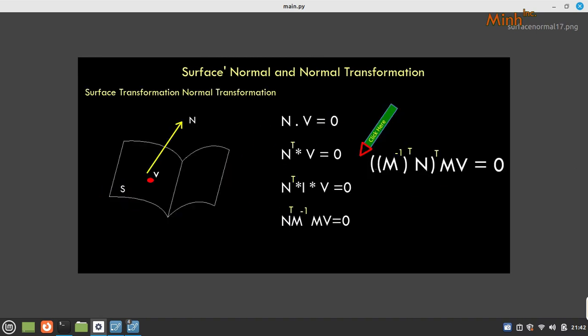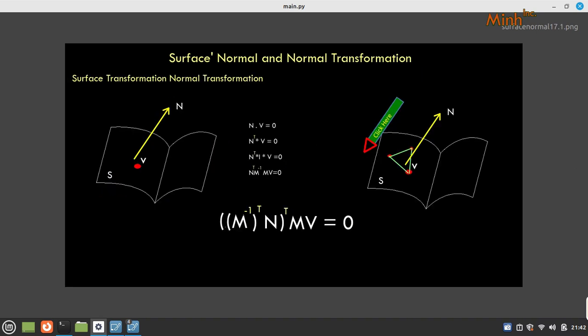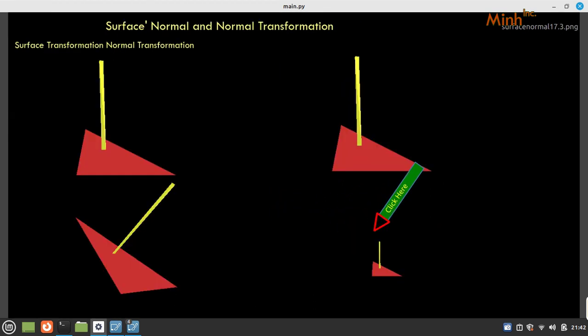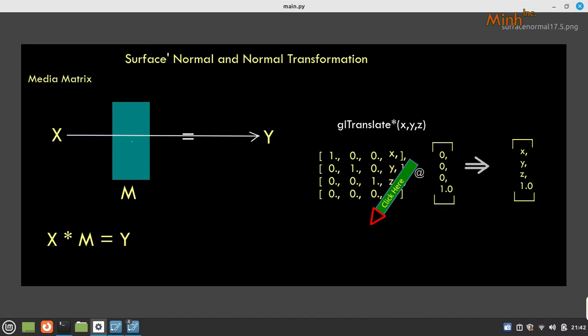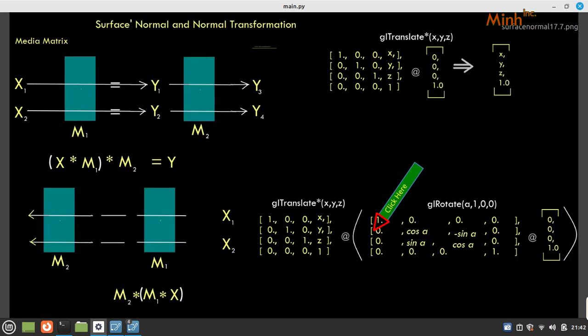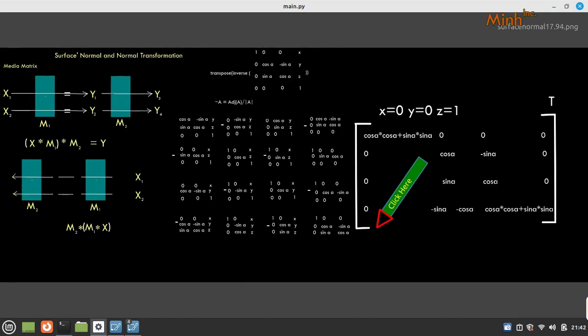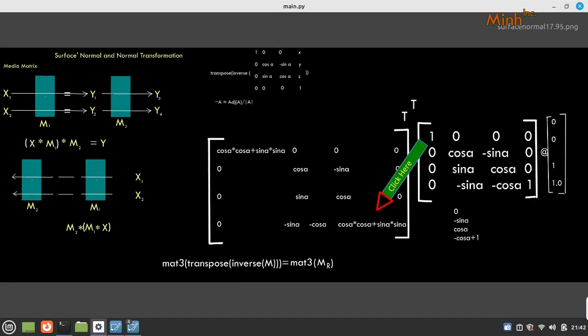Then we went ahead to calculate, if we transform a point on the surface, how much the normal would be transformed. But later we saw that this transformation is not required if it is translation and scaling, but it is only required if it is rotation. If that is the case, then we calculated transpose and inverse to get the normal, and we found that the first 3 rows and columns are nothing but the rotation only.